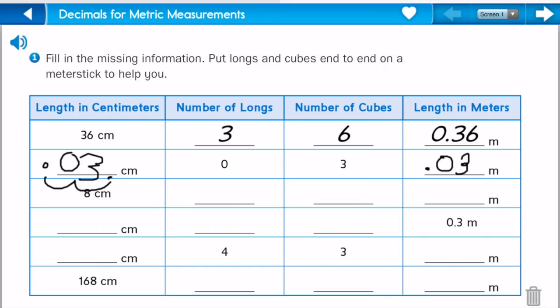All right, for the next one, we know that 8 centimeters took 0 logs, but it did take us 8 cubes. And so we know that we need to move our decimal point over 2 places. So we need to put a decimal here, and then a 0, and an 8.